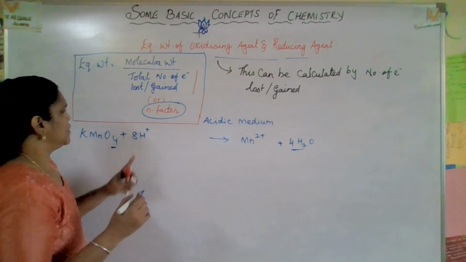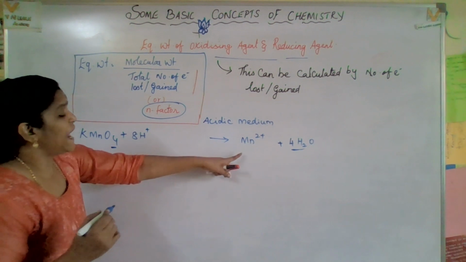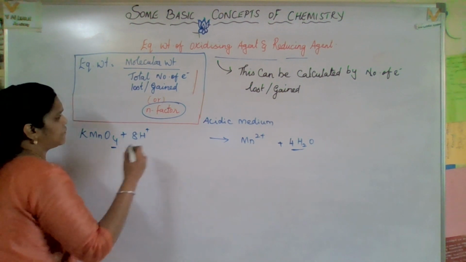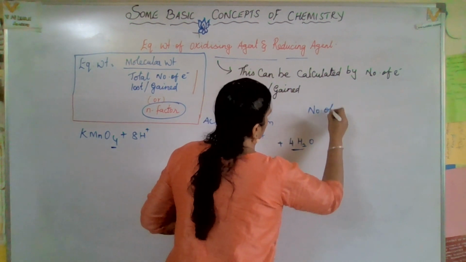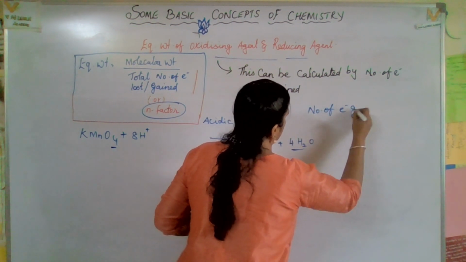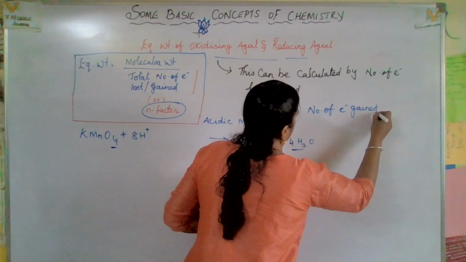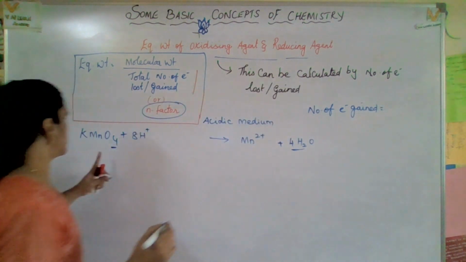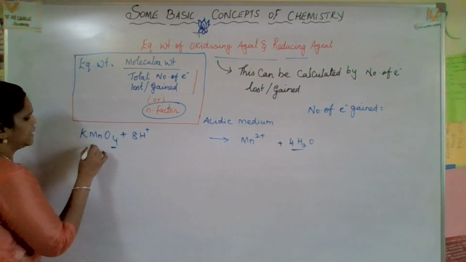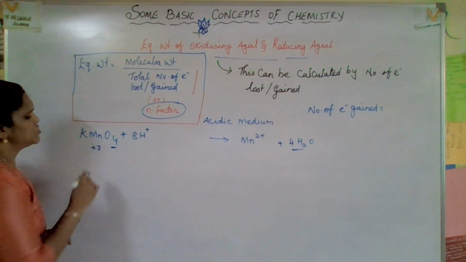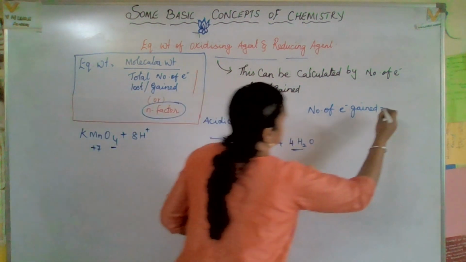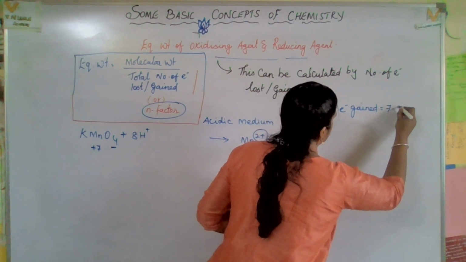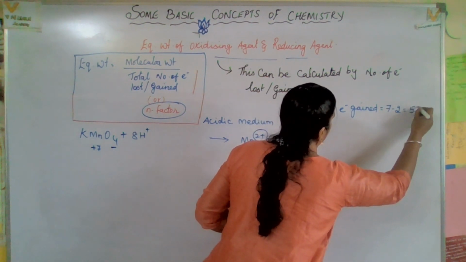And here, how many electrons are gained? Let us check. Number of electrons gained: the oxidation number here is +7, converted to +2, so 7 minus 2, you will get 5 electrons.